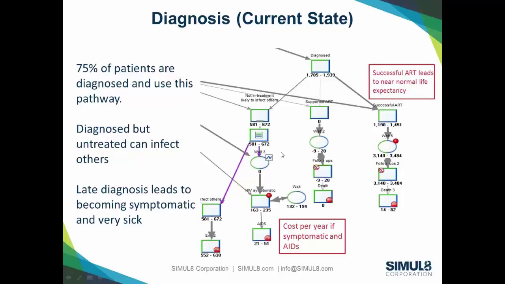And this enables us to vary those inputs and to experiment with what will happen if we're able to get more people diagnosed and more people into treatment. So we've put some costs in there. They're indicative only at this stage, but just to allow us to test out what the impact might be.